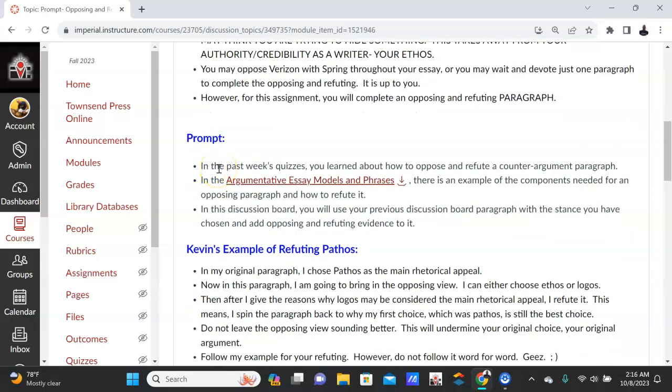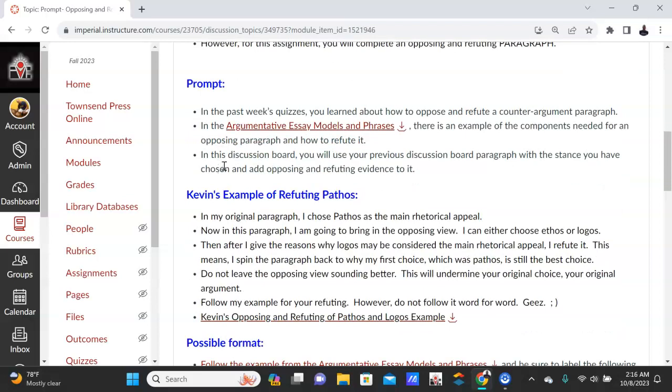All right. So what we're going to do, let's just jump down here. Last week, your discussion board prompt was about pathos, logos, and ethos. And in the paragraph that you wrote for last week's discussion board, you chose one of those. That was your pro. So for me, last week, let's pretend I'm a student, I wrote that I chose pathos as the main rhetorical appeal in the ACLU advertisement.